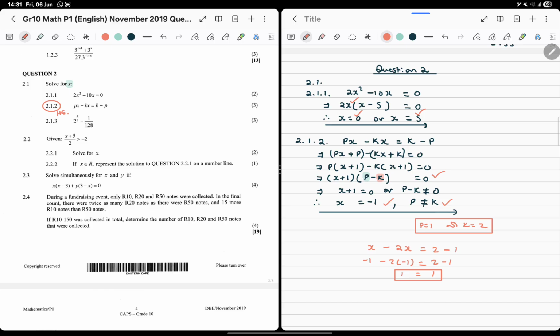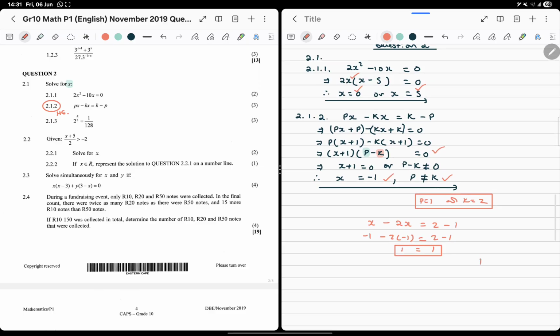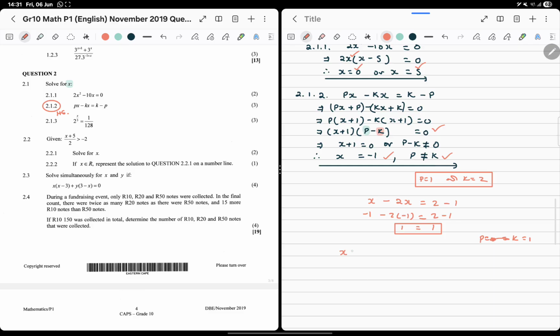If they were to be the same, we would have a problem. You get it? Let's assume they are the same and say p is 1 and say k is 1. All right, p is equal to k equal to 1. Let's see what happens. So this would be x minus x equal to 1 minus 1, right?